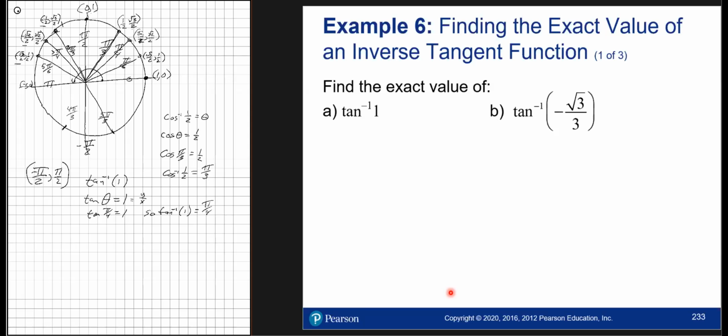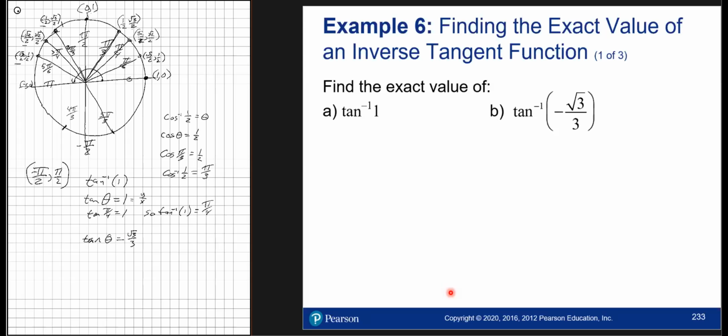So the next one we do the same way. We're looking at the tangent of what angle gives us the square root of 3 over 3, but negative.